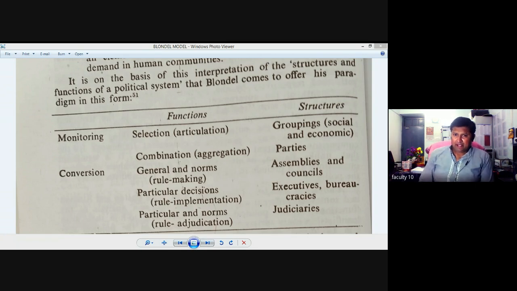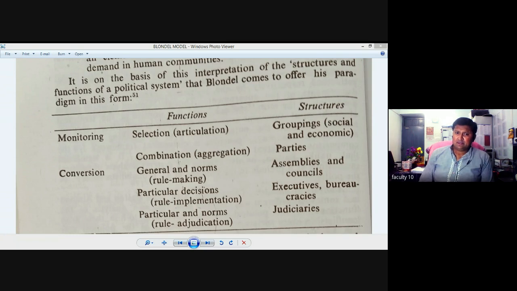There you can find there are different structures which perform different functions. There are many social groupings and economic groupings that do the function of articulation, right? Political parties do the function of combination or aggregation, right?